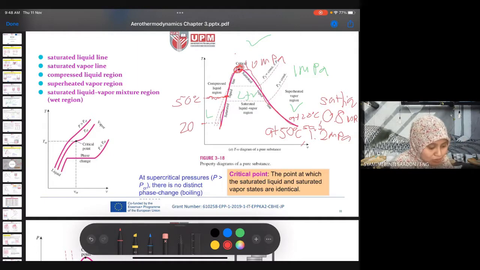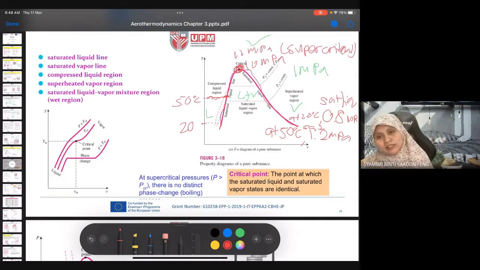If the pressure of the water is higher than 10 megapascal, maybe 11 megapascal, then we say that the water is in the supercritical phase. At the supercritical phase, the pressure and the temperature will be very, very high.